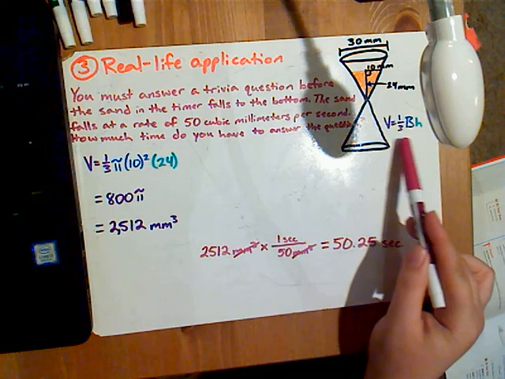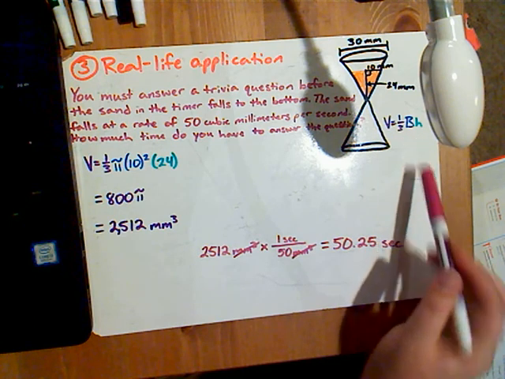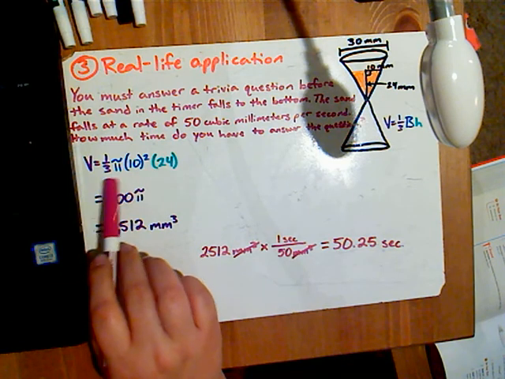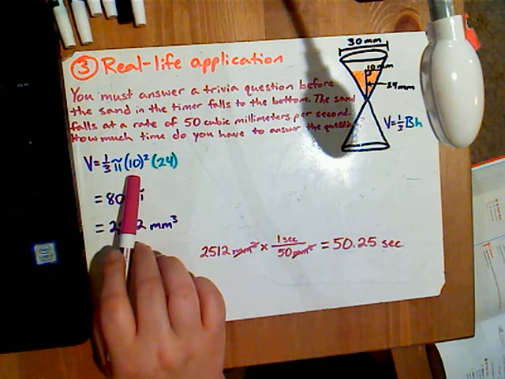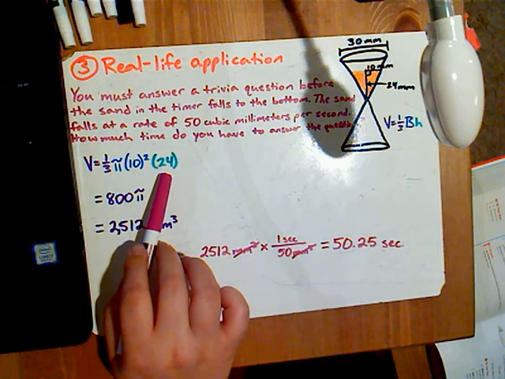So remember our formula for volume. Okay, so we have volume equals 1/3 pi times our radius, which is 10, squared times 24.